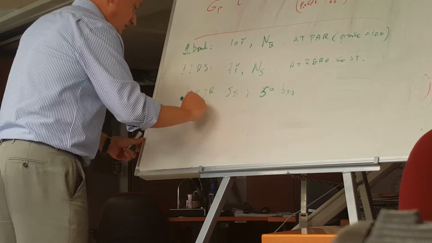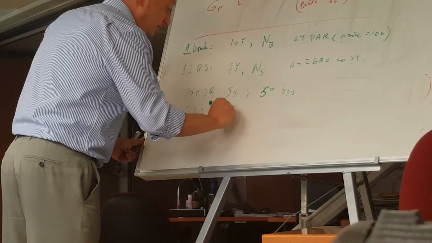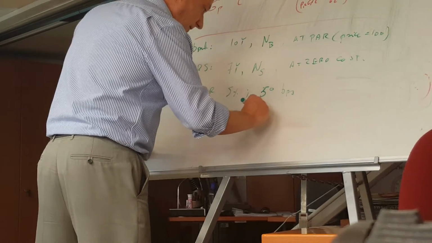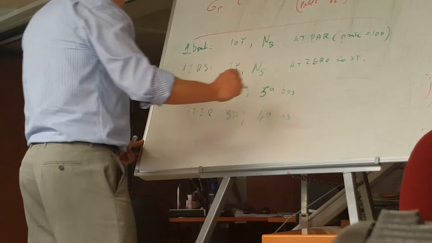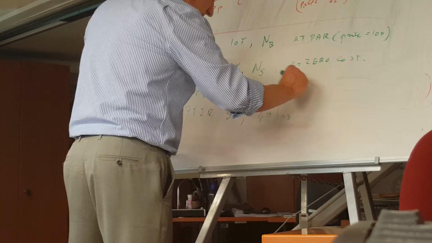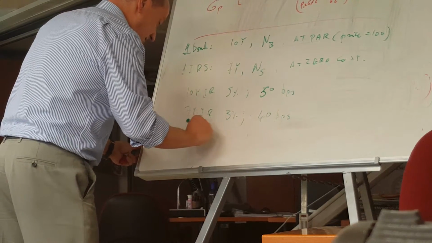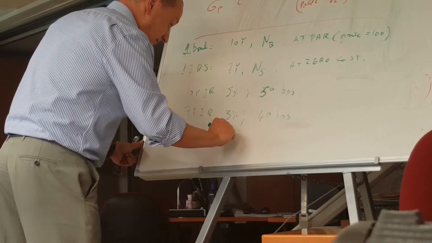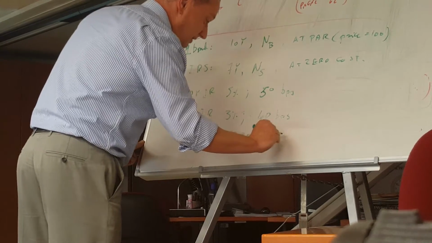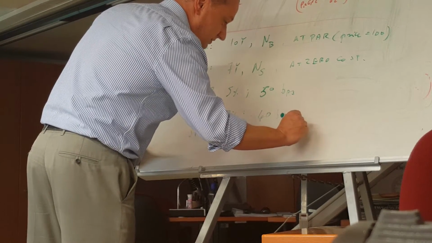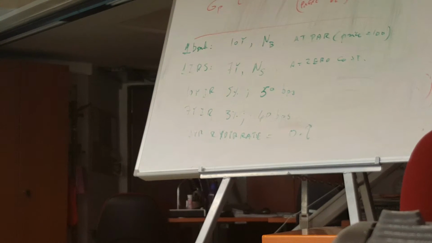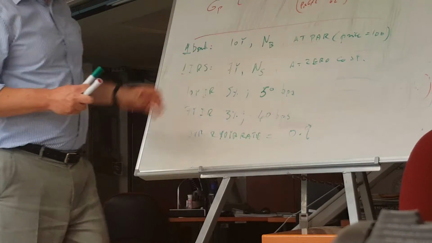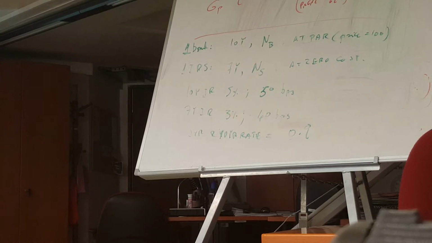The 7-year interest rate is 3%. Sigma of the 7-year interest rate is 40 bips. And the correlation between 7-year and 10-year rate is 0.9. Okay? So what could this thing start to look like? It's very simple.